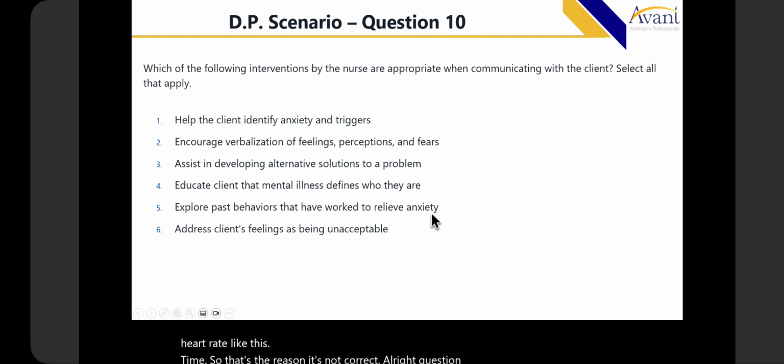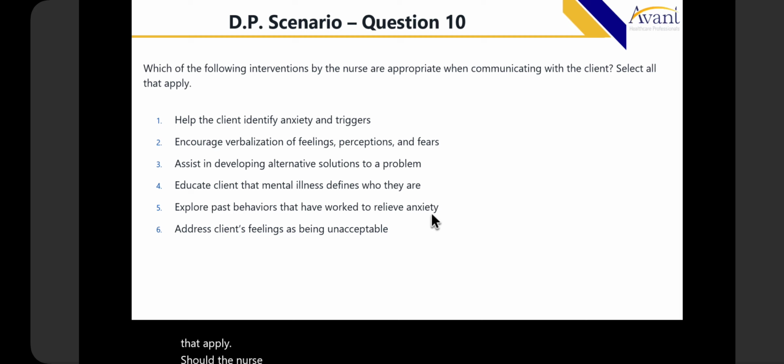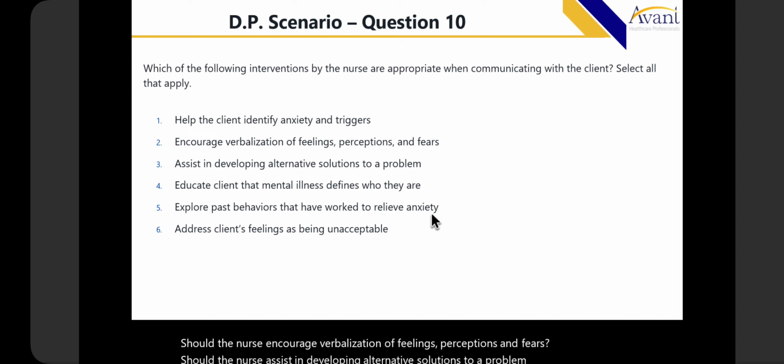All right, question number 10. Which of the following interventions by the nurse are appropriate when communicating with the client? Select all that apply. Should the nurse help the client identify anxiety and triggers? Should the nurse encourage verbalization of feelings, perceptions, and fears? Should the nurse assist in developing alternative solutions to a problem?